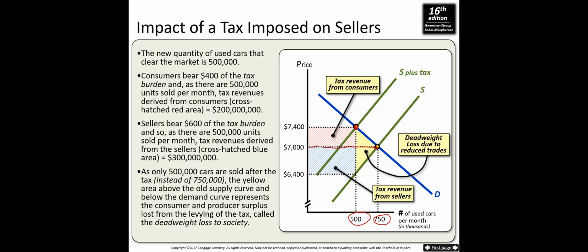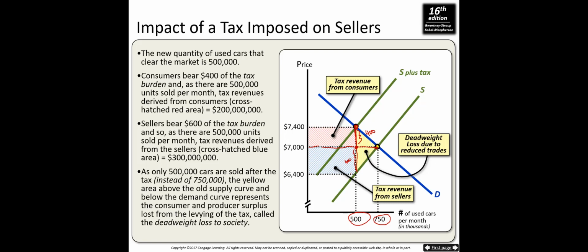And then from the equilibrium line, you see here, go up, and this is how much the buyers pay, 400. How do I find it? 7,400 minus 7,000. And for the sellers, from this, go down to the supply. This is how much sellers pay, which is 7,000 minus 6,400, it's 600.